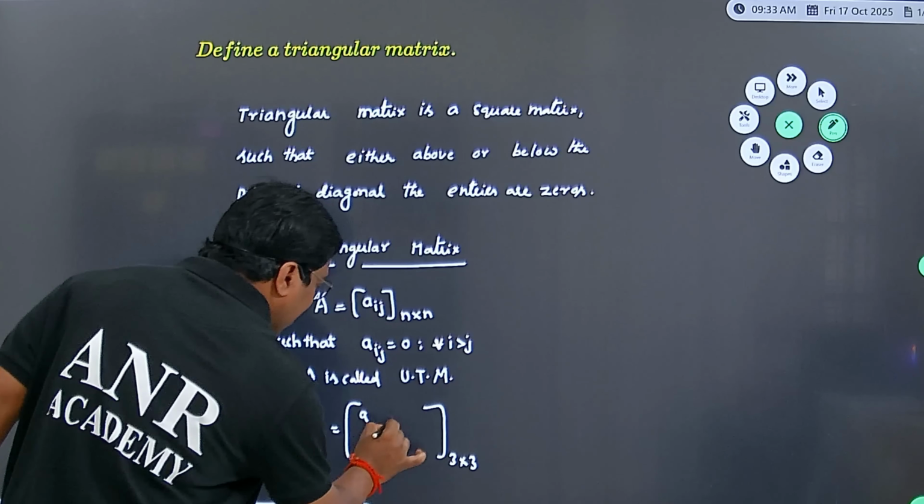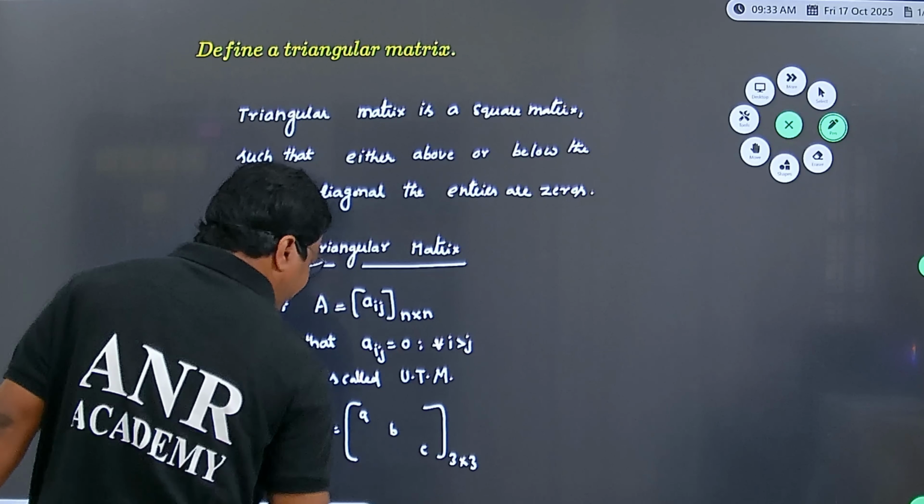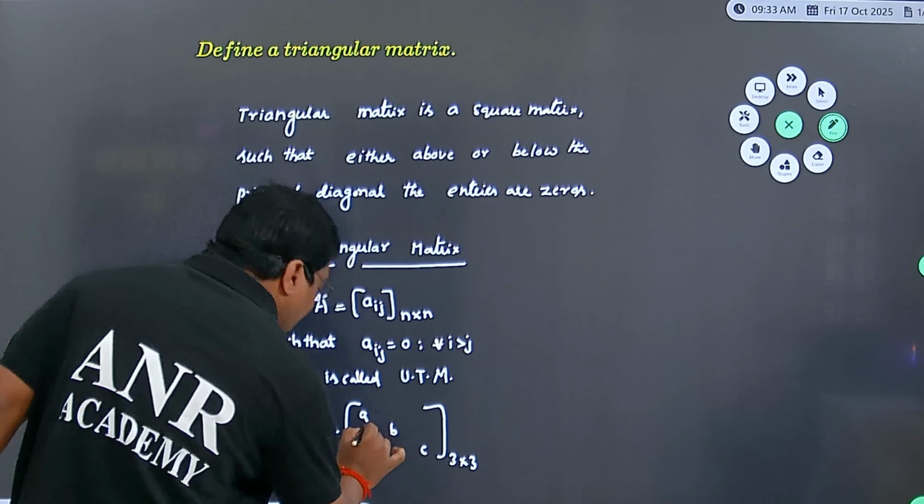Suppose principal diagonal entries are a, b, c. Below the principal diagonal, all the entries are zeros and the remaining are present, may or may not be present. But below the principal diagonal, it is a must that the entries in the matrix must be 0. This is about upper triangular matrix.